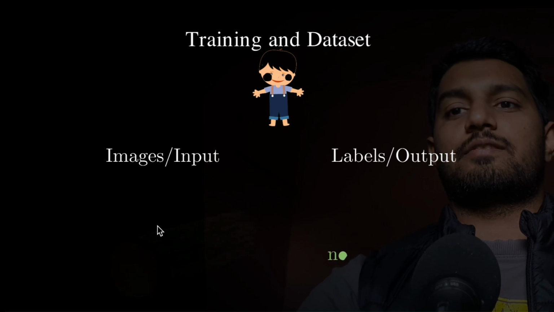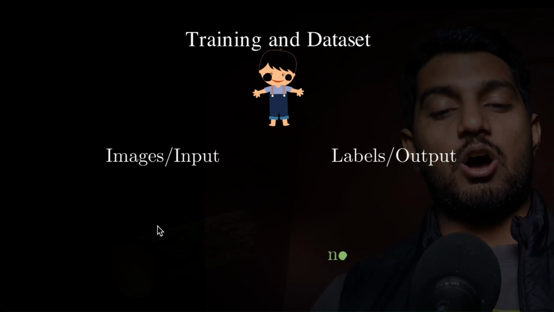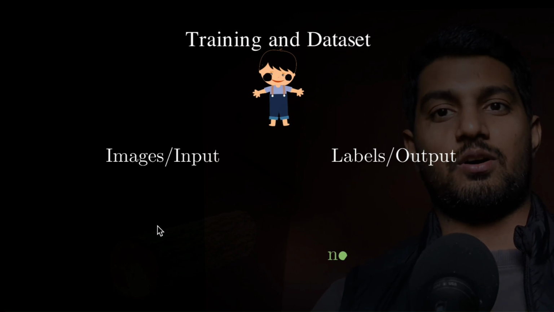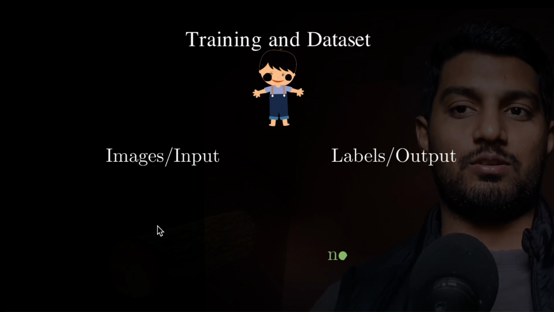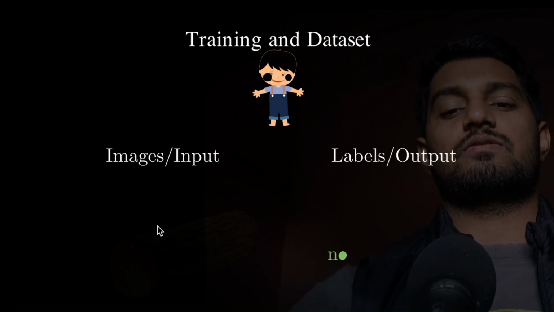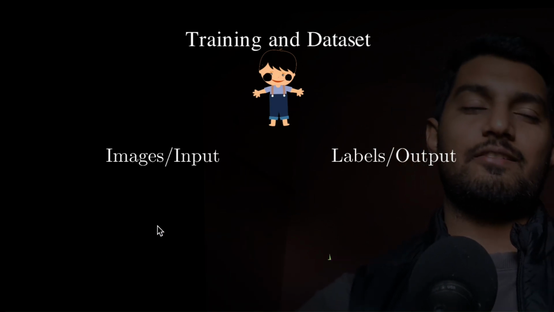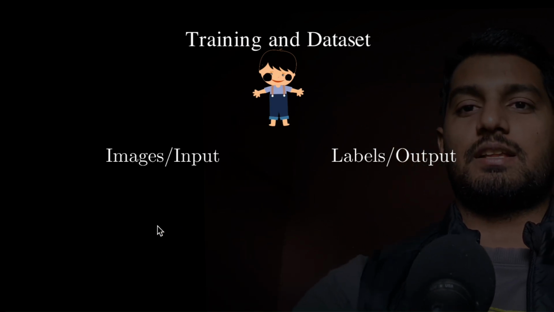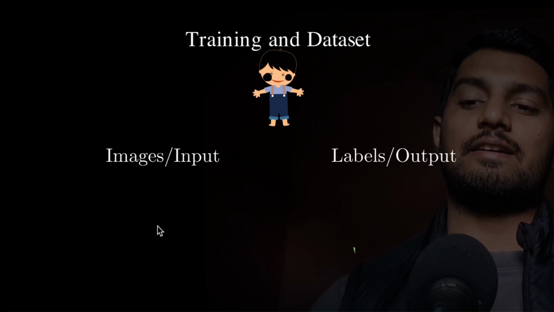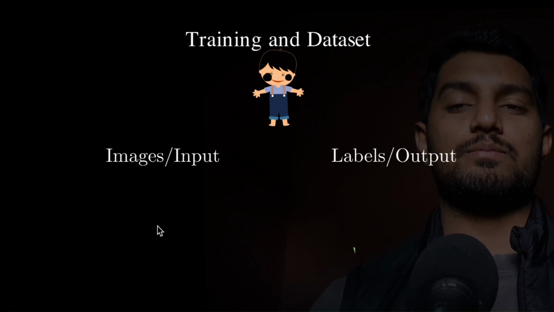Dataset is basically, if you remember, how we used to learn anything as a kid. The kid sees a dog, and we tell them, hey, it is called a dog. If it is wood or something, we tell them it is not a dog. That is how humans learn. In the same way, we want to teach a machine that an image is a dog or cat or whatever, so that they identify that object.